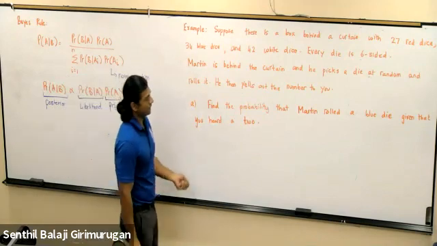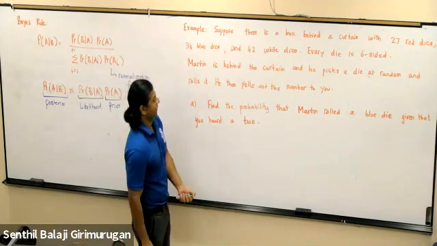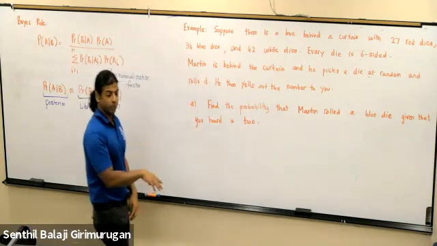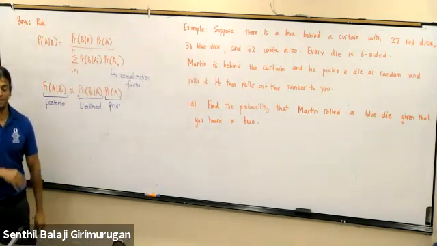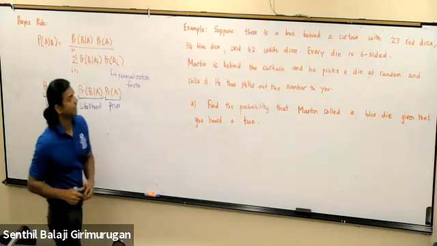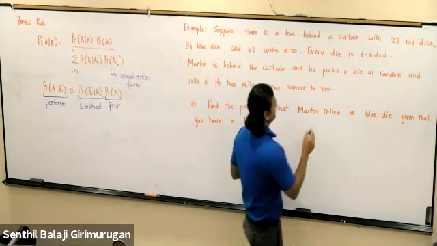The probability that we need to find is: what is the probability that Martin rolled a blue die, in other words, he picked a blue die, given that you heard 2? Good. So we are looking for a conditional probability.